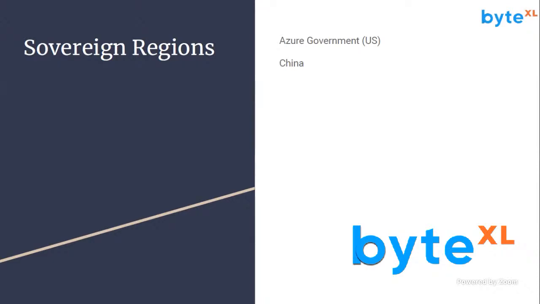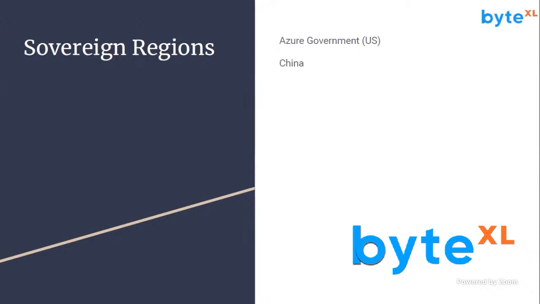What is required to access Azure Government or Azure China regions? For Azure Government, you need to be a government employee of the US. It is used for business or for very important documents, or for the government perspective.